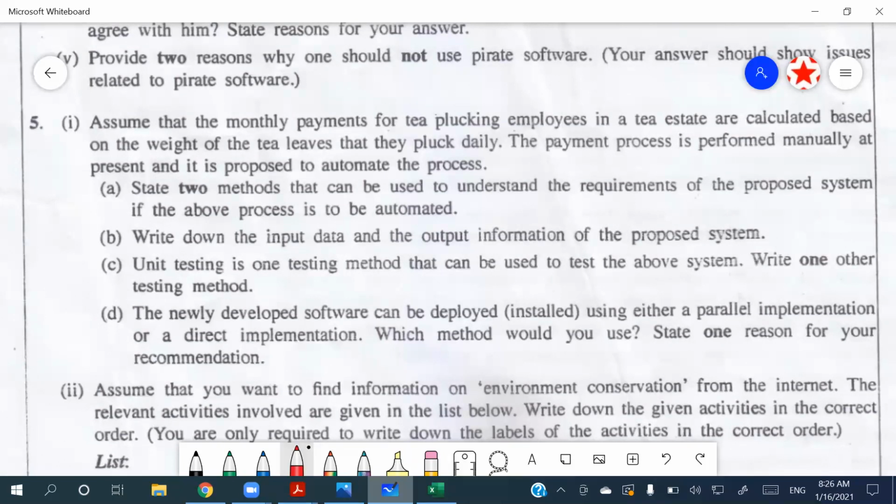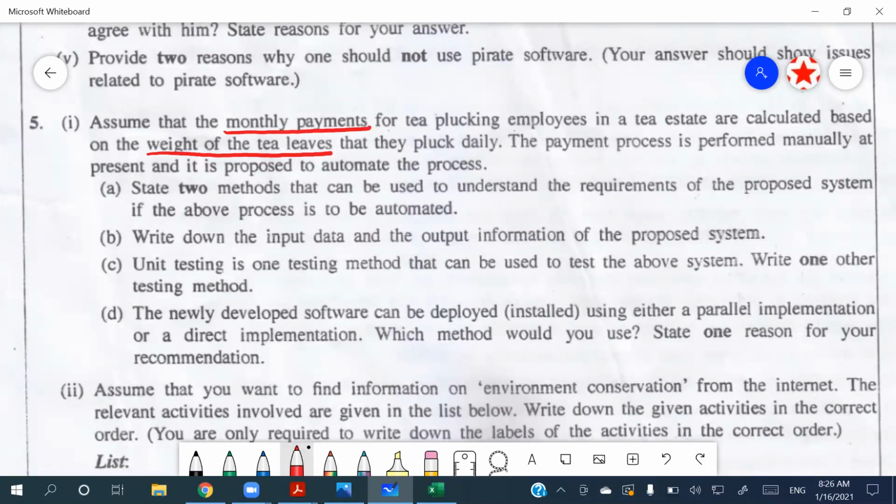The payment process is performed manually. So the input is going to be what? The weight of tea leaves. That is going to be the input, and the output is going to be the monthly payment, right?